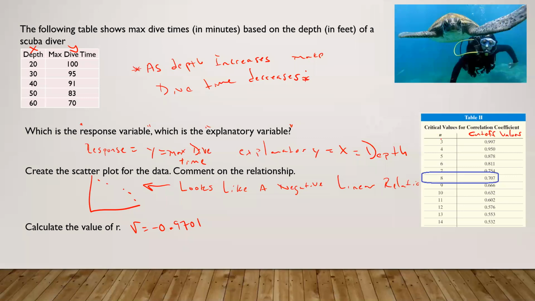So n is the sample size. If you look back here, we have 1, 2, 3, 4, 5 values. So you take the absolute value of this. Since the absolute value of R here is greater than this, we say there is a linear relationship.